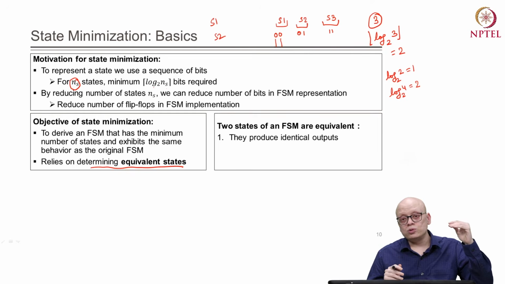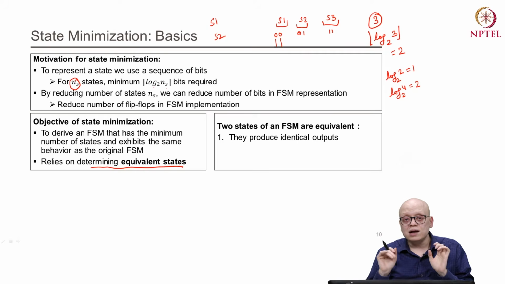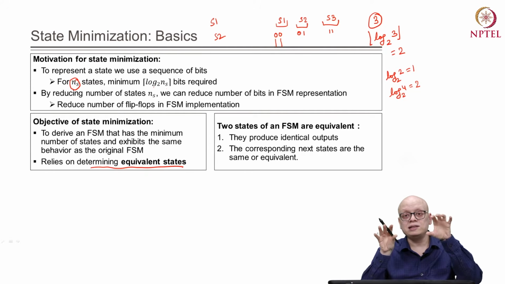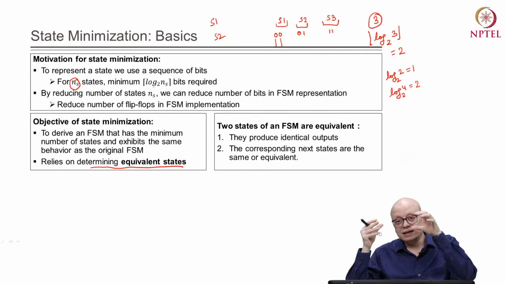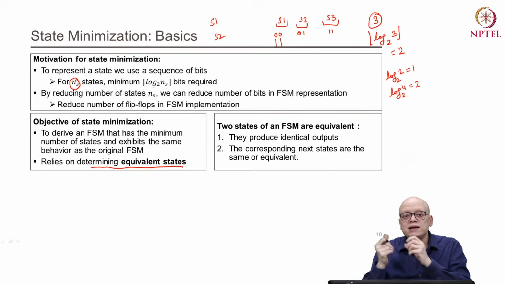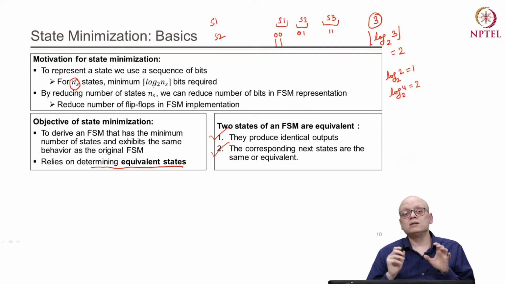If we give the same input to both these states, they should produce identical output. The second is that the corresponding next states are the same or equivalent. If we give the same input to these two states, then the next state should be the same or an equivalent state. If these two conditions are satisfied, then we say that the two states are equivalent.